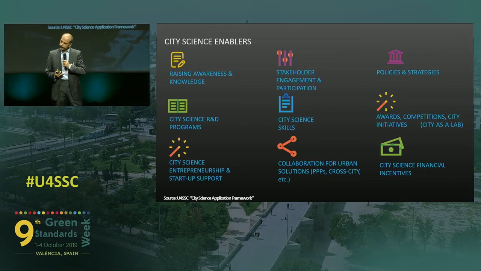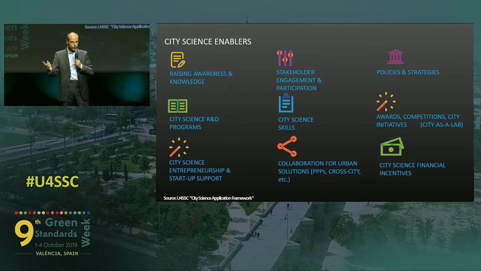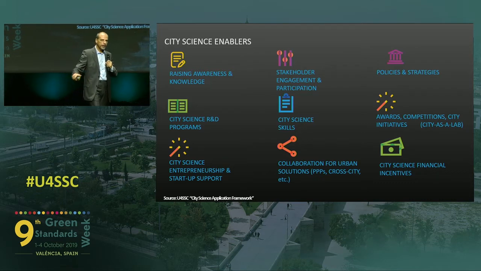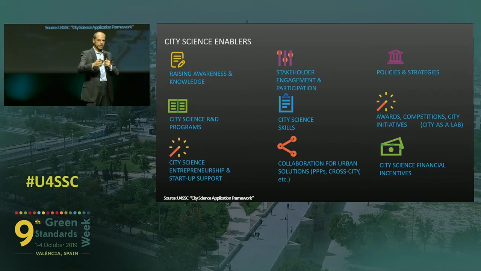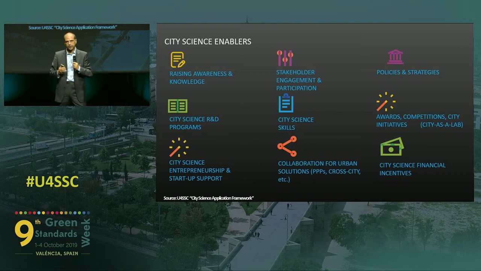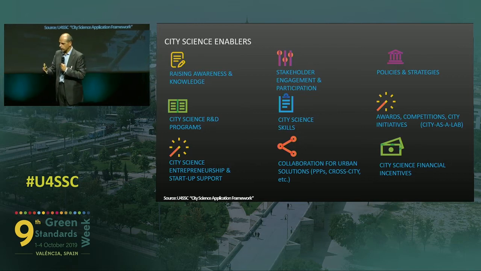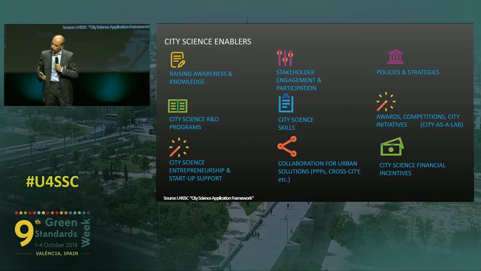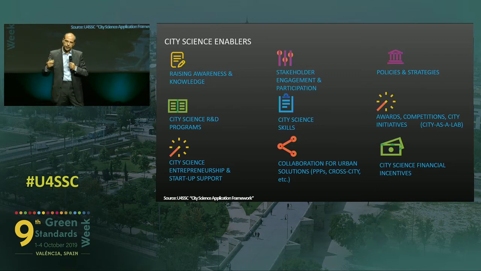And then we have public-private partnerships, cross-city initiatives. These are all potential things that the cities can do. They can have bilateral relationships to boost city science, and these are, by the way, happening in the world right now. Cities forming partnerships in certain areas, on certain topics for their own urban problems. And financial incentives as well.